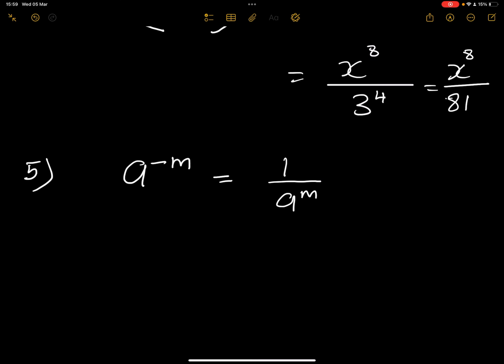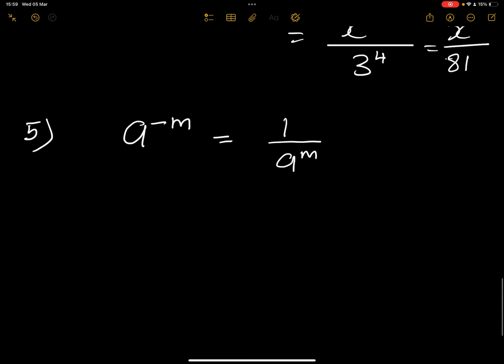So if we've got, let's say, 2 to the exponent negative 3, we can write this out as 1 over 2 to the exponent of 3. And of course, the other way is also true.